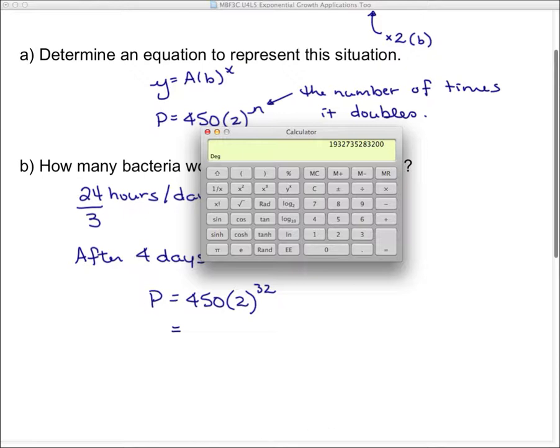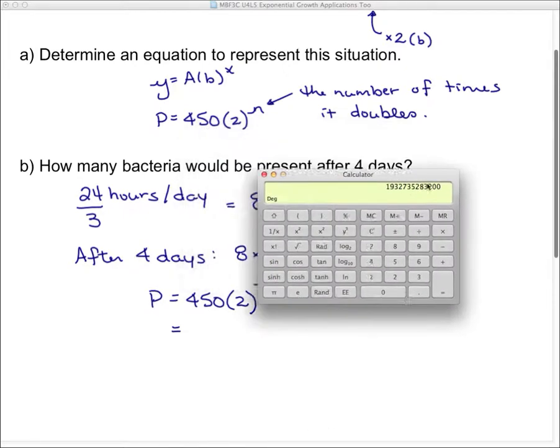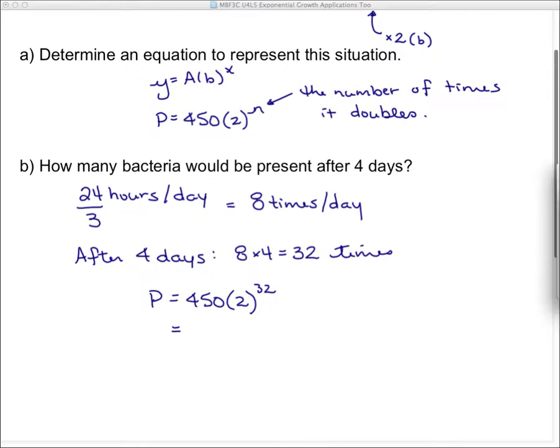Your calculator might kick into scientific notation. I'm going to write this out. I'm going to move my calculator so I can actually see it while I write it out. And that is 19327352833200. That's a really big number.